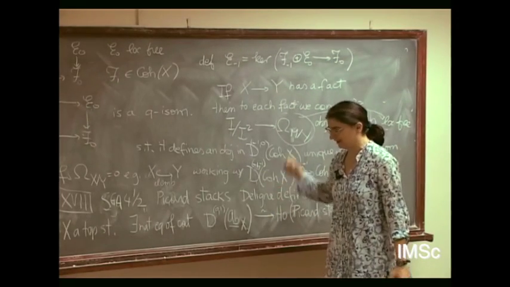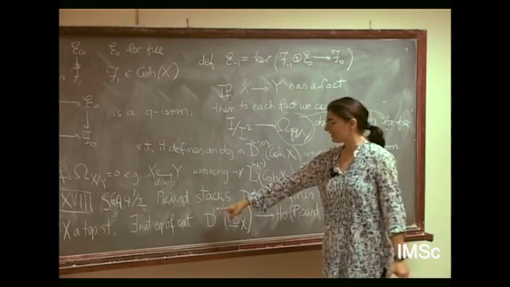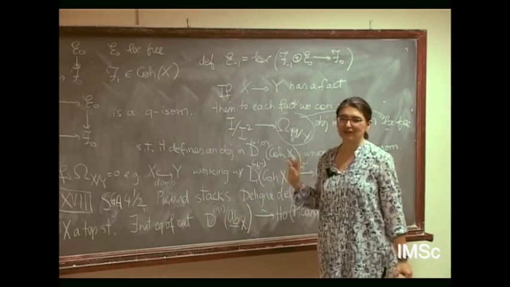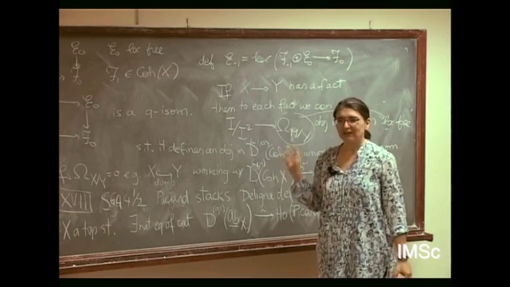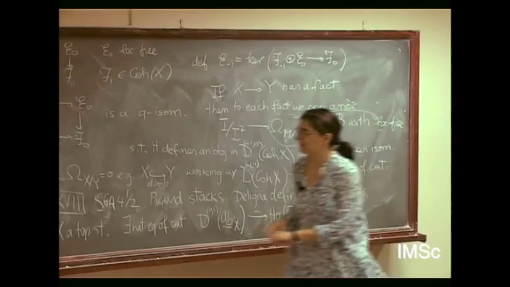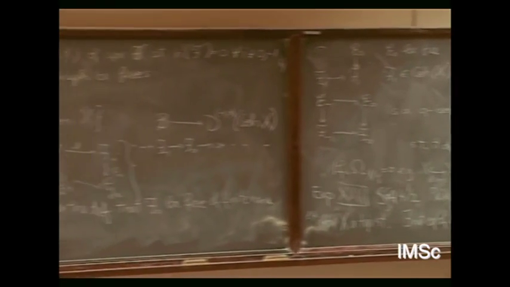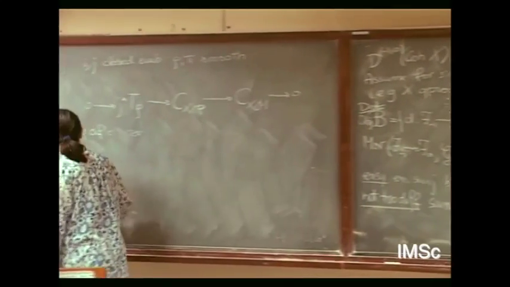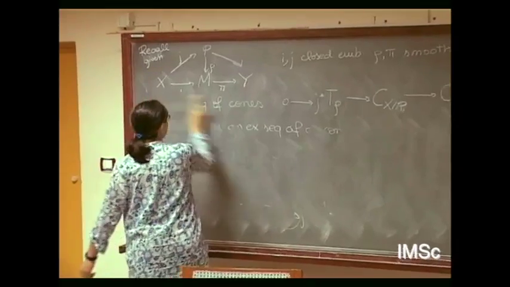And my first next step is a bit complicated. Let me start by saying this is the notation Deligne has, but it will turn out that we will also go in that direction because we are doing something a bit more complicated. What you could say, of course, is that this is not going to help you very much because you don't know what a Picard stack is.